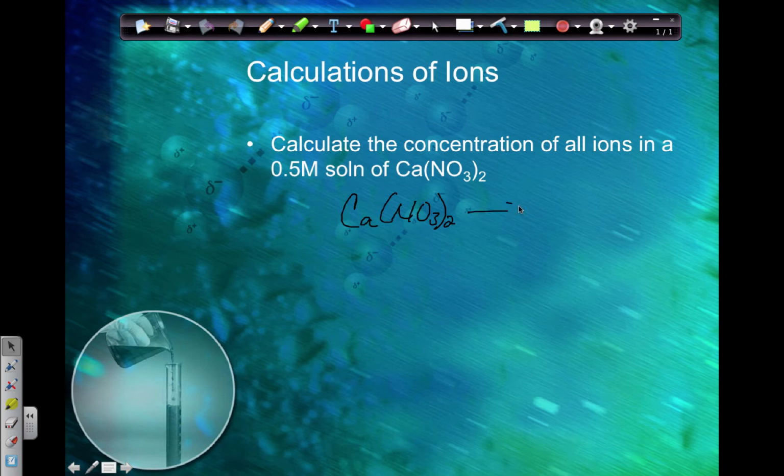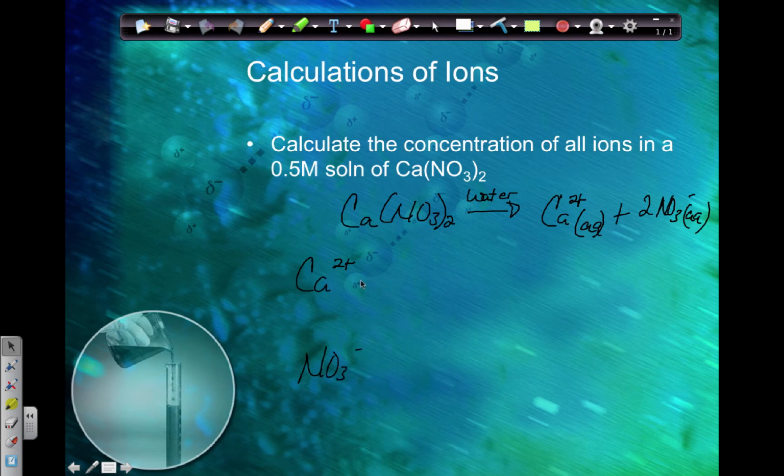When it dissolves into water, it's going to make calcium ions and also nitrate ions. We'll make 2 nitrate ions though. All right, so I want to calculate the concentration of this. So I want all the ions. Well, I have 2 ions. I have this, and then I have this.